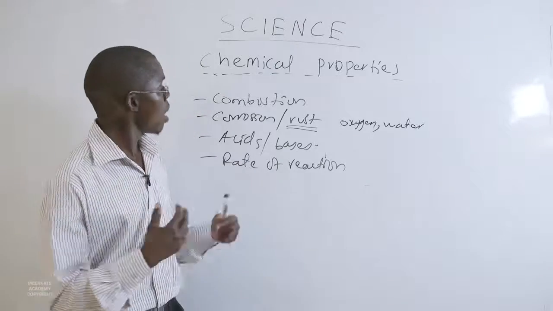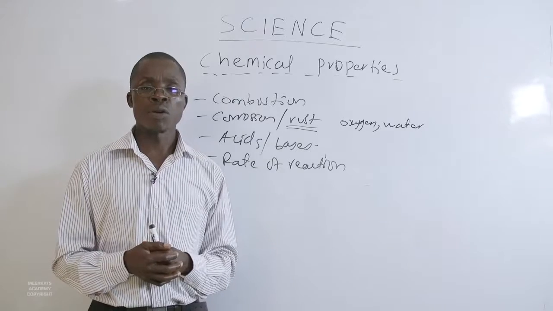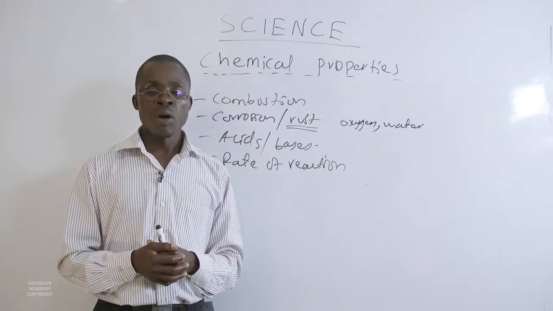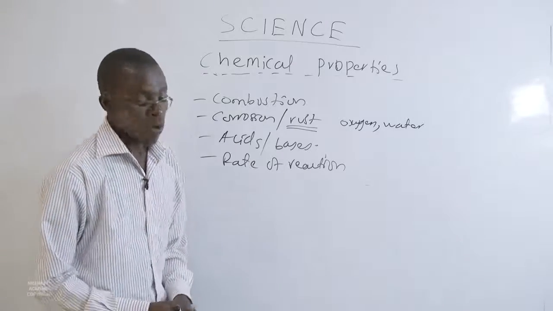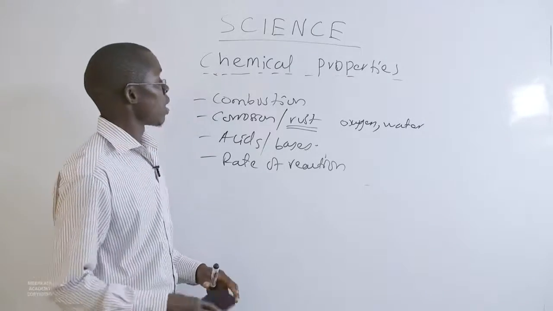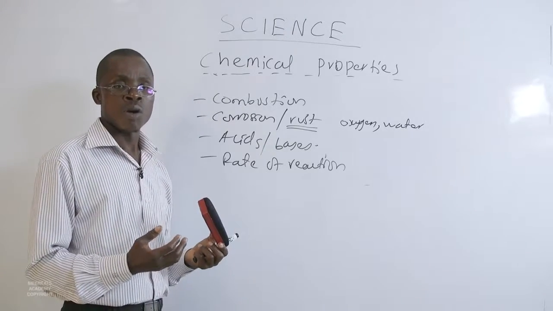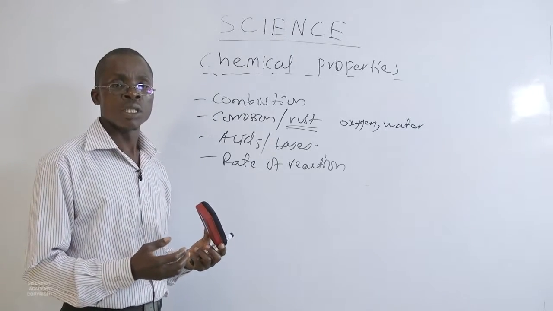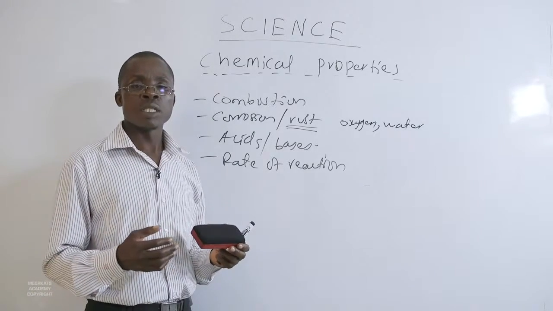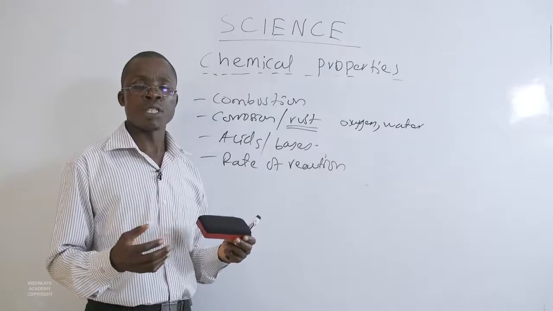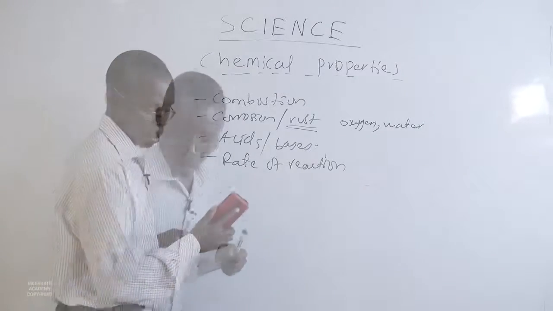But why are we learning this? Why are we learning chemical properties of substances? We are doing this so that we can be acquainted, and be given the power of choosing or predicting which material is better or is best used in particular areas.